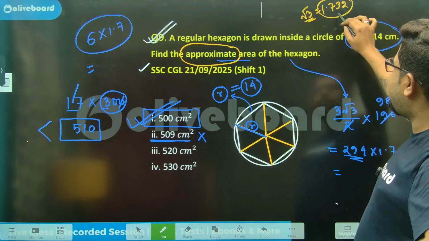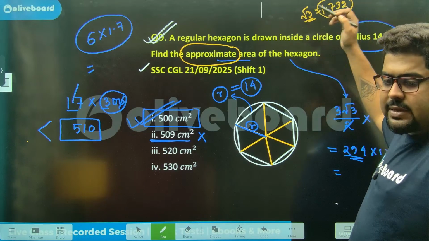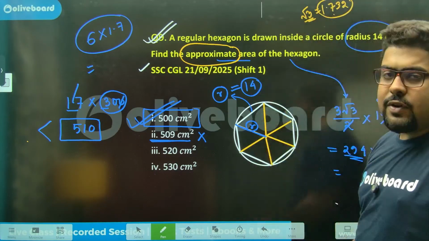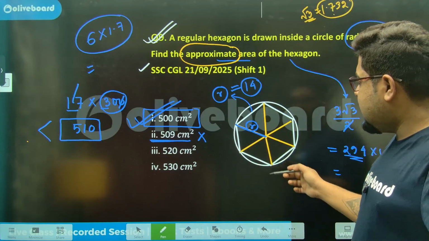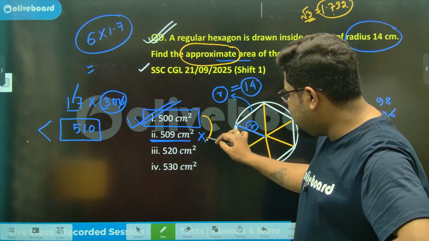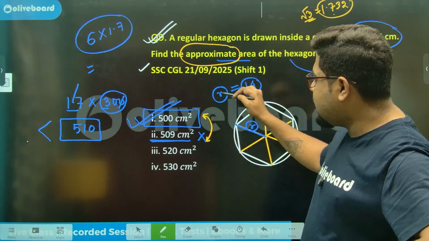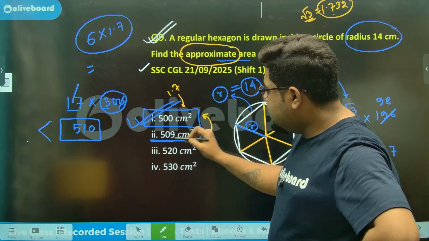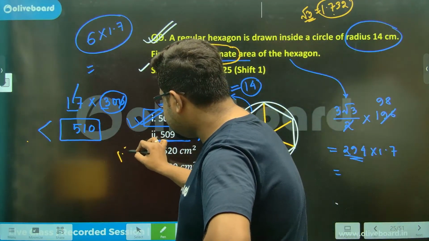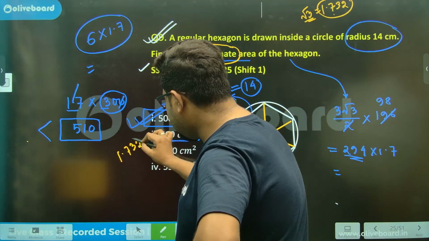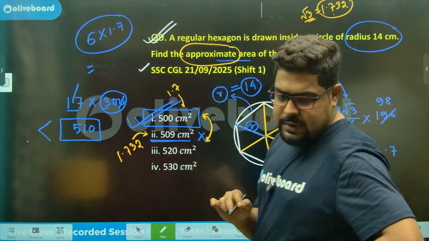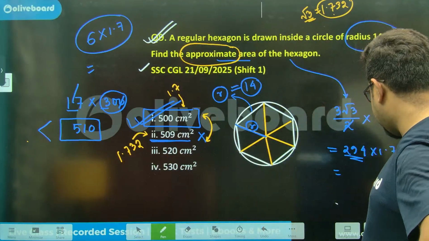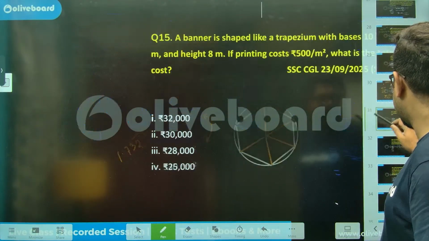Whether to approximate till the first, second or third place, they have not mentioned. So any answer between these two can happen. If you take 1.7, you get this answer. If you take 1.732, you get this answer. So be careful a little bit.